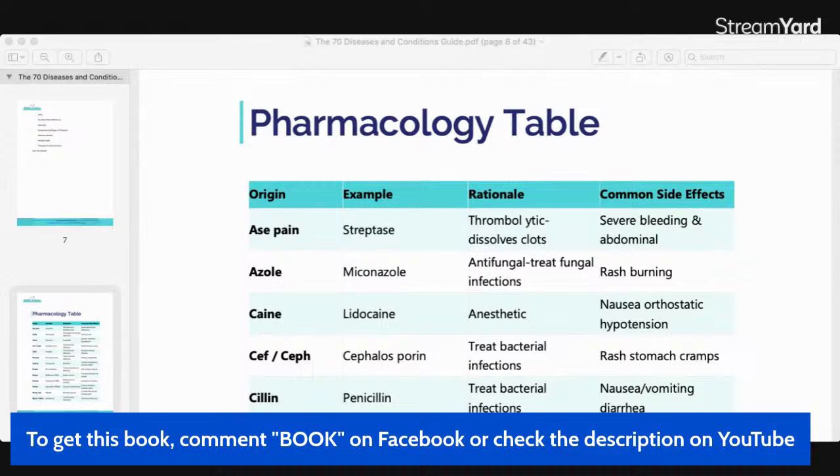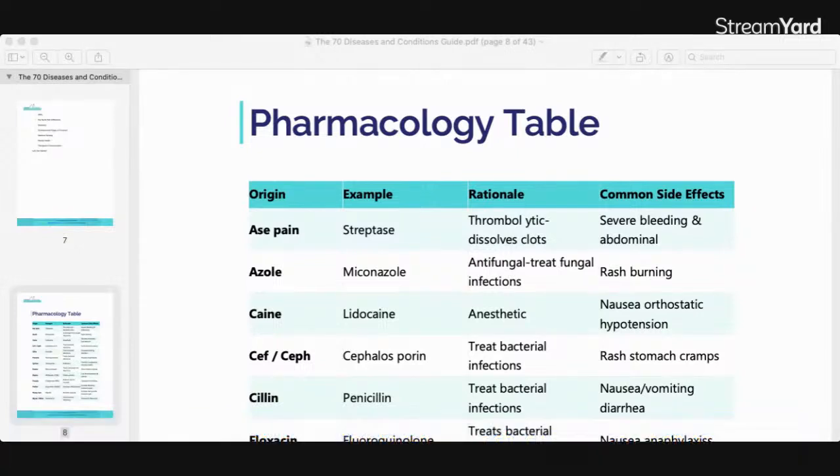And what do thrombolytics do? They're responsible for dissolving blood clots, making the blood clot thinner. So if that happens, what are the side effects that we can see? That's going to look like severe bleeding and sometimes abdominal pain or abdominal cramps. All right.